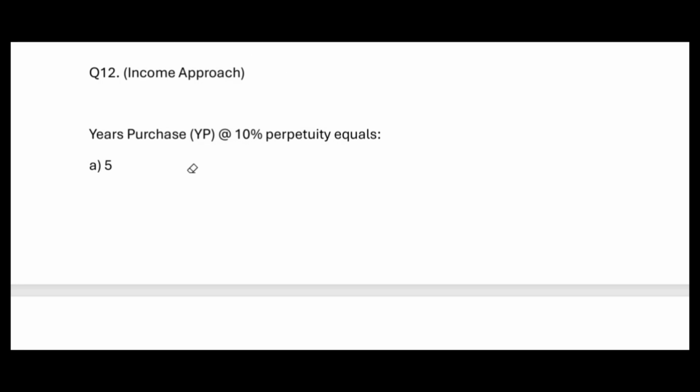Years purchase at 10% perpetuity equals to, what does years purchase mean? Years purchase is actually a factor. What factor?